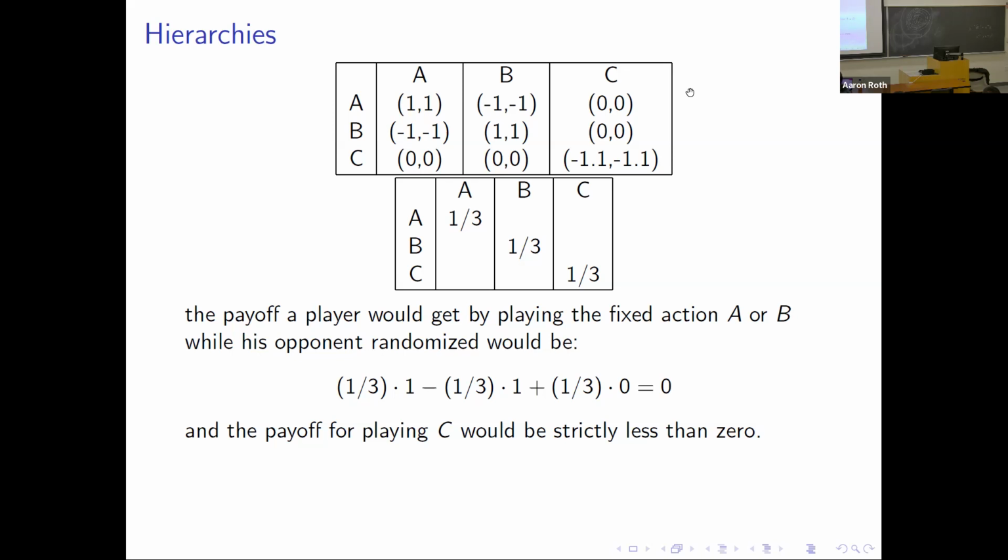So despite the fact that this coordination mechanism a third of the time tells me to play something dumb, I'm still on average gaining more from the coordination than I'm losing. I'm better off on average following this coordinated strategy than doing anything that's independent of the coordination. So it is a coarse correlated equilibrium. Does that make sense? This is maybe the salient difference between correlated equilibria and coarse correlated equilibria.